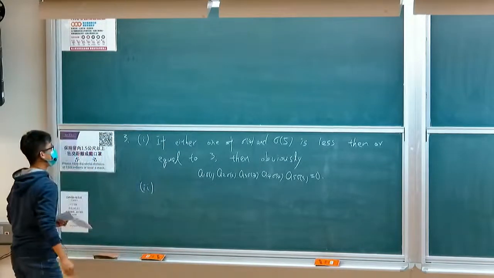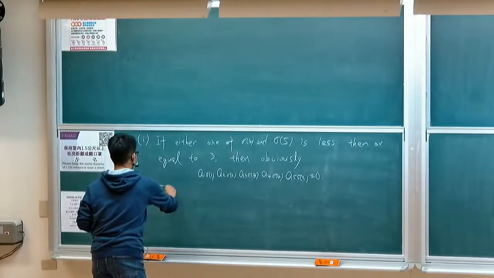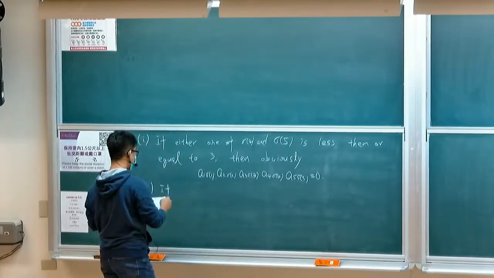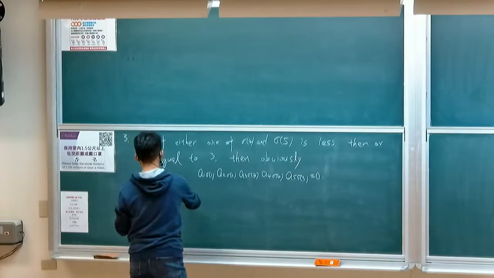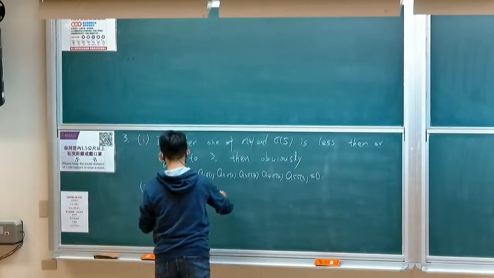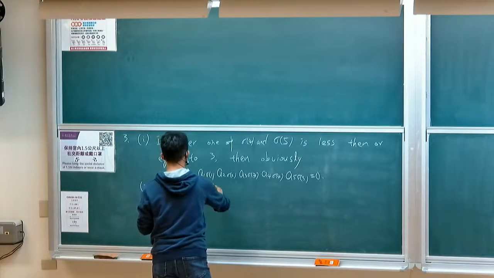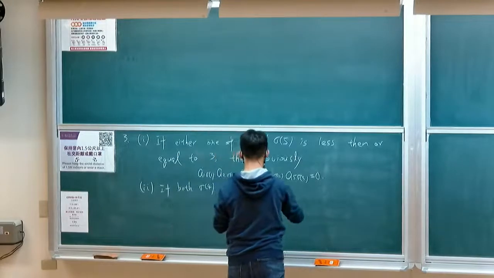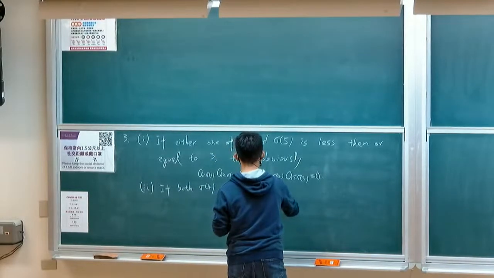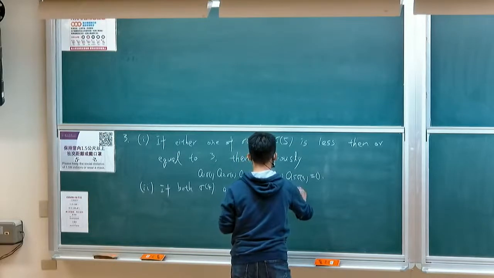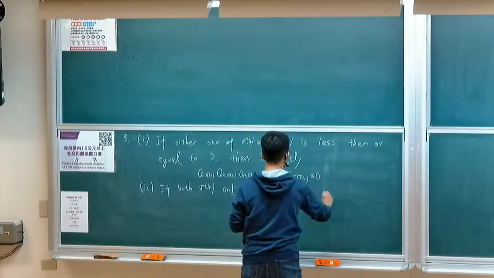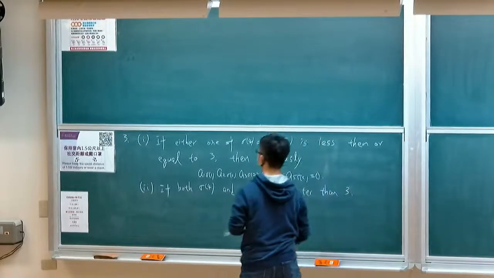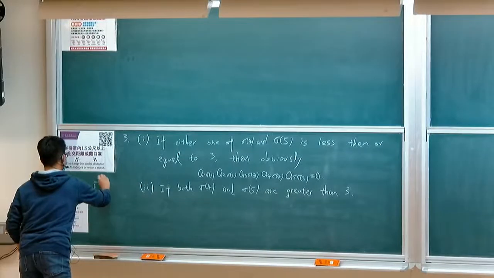The second case is if both sigma 4 and sigma 5 are greater than 3. Again, we need that matrix. I shouldn't erase it.